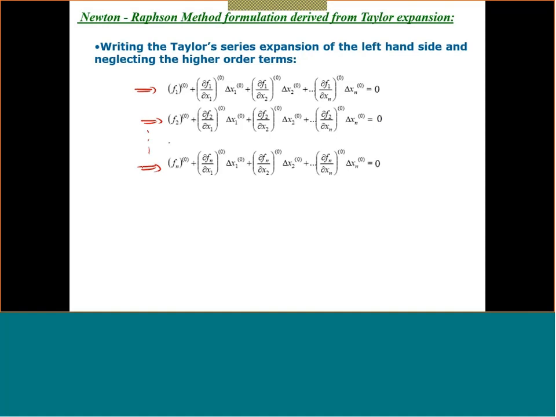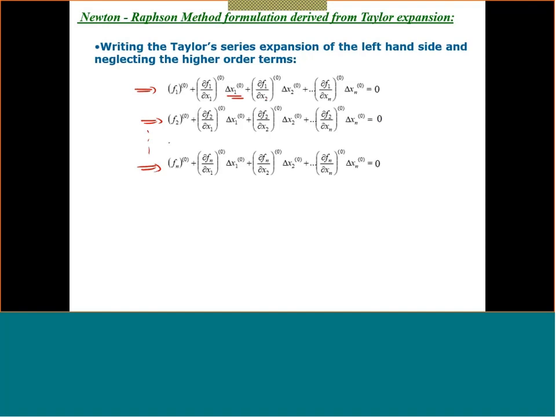So if you look carefully here, we have the function defined at the initial guess, which is 0. And then we have the partial derivative of f1 with respect to x1 times delta x1, plus the partial derivative of f1, the same function, with respect to the second variable, which is x2, and so on and so forth until I reach the partial derivative of f1 with respect to xn times delta xn.